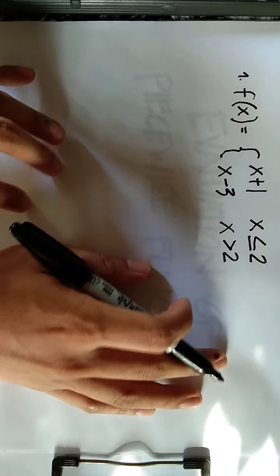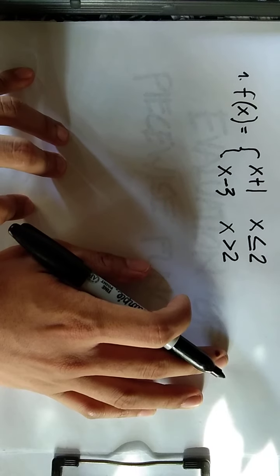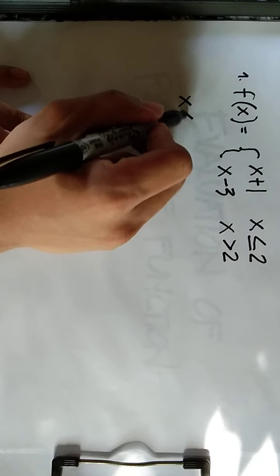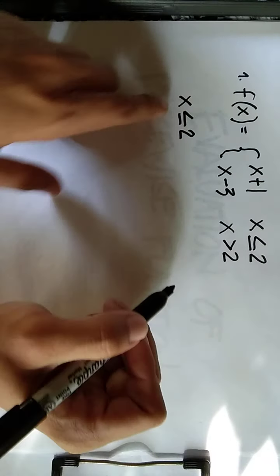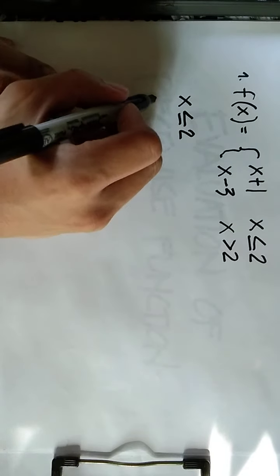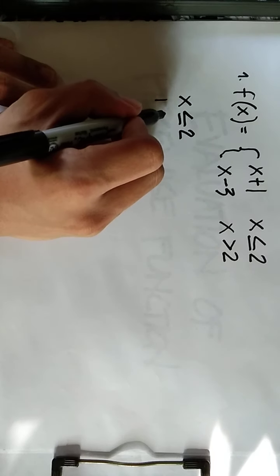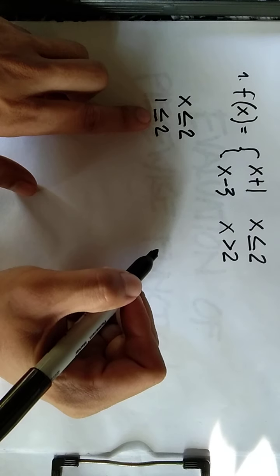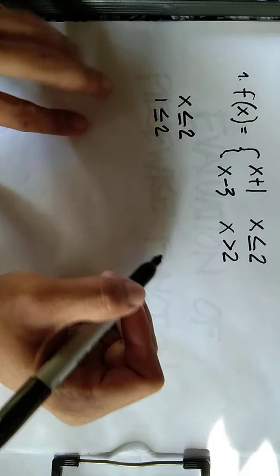So, ano nga ba yung mga values na x, niyang x ay mas maliit doon sa 2. So, meron tayong instances na ang 1 ay mas maliit sa 2 or equal sa 2.